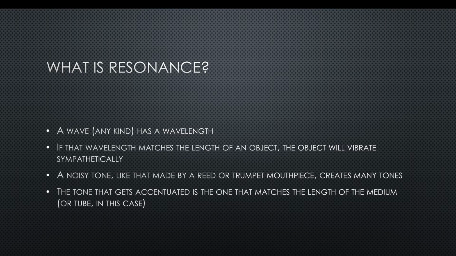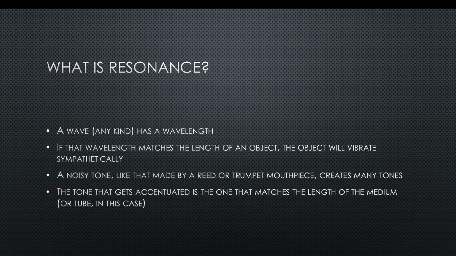And as you open different valves in the trumpet by pushing on different keys, different lengths of tube in there are allowed to be activated by the wave traveling through the air in the tubes. So one of the tones that comes from that matches that wavelength.